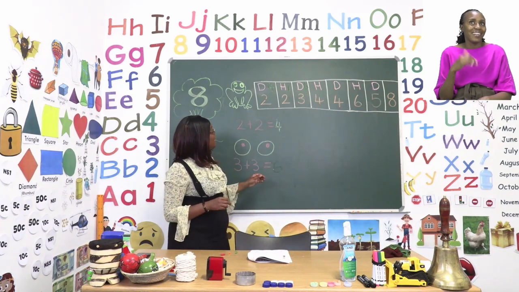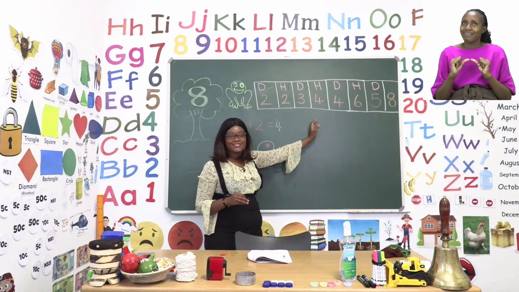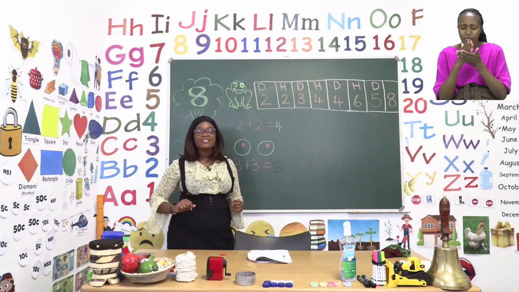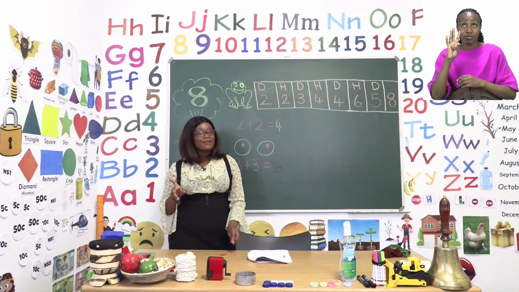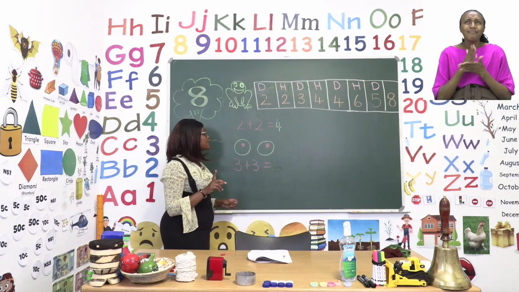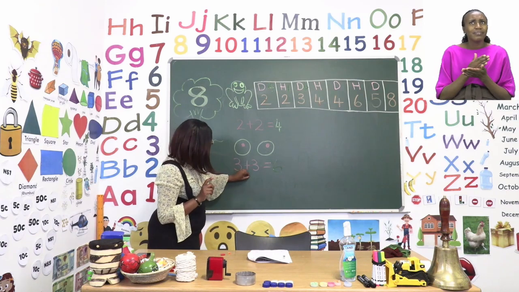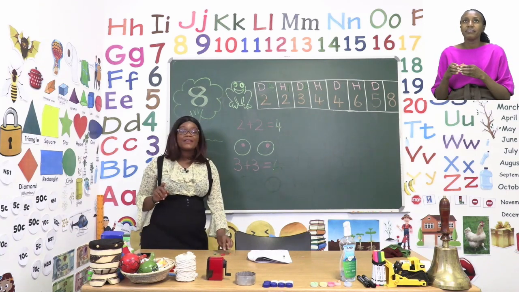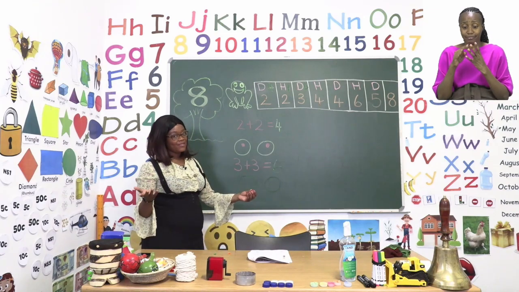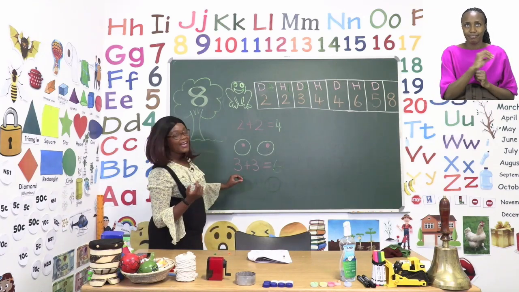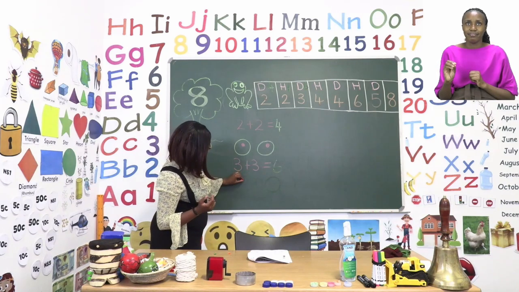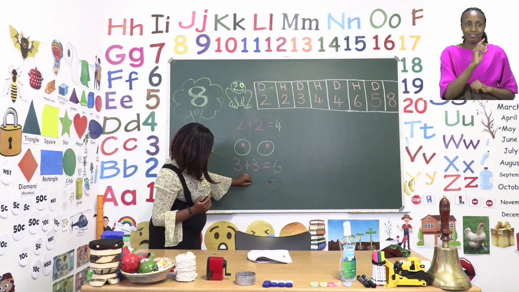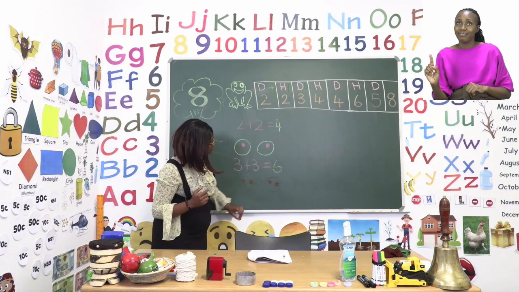Then we now need to hop to the next one, and the hopping says that we must halve the number 4. Now remember, in order to halve, we must share equally between 2 friends. 1, 2. And then whatever number we're given, we count until it is finished by giving one and the other. Let's go. 1, 2, 3, 4.